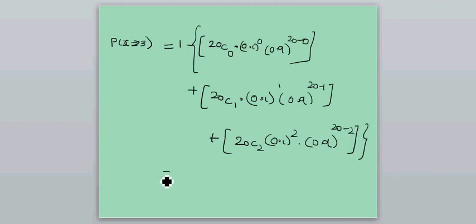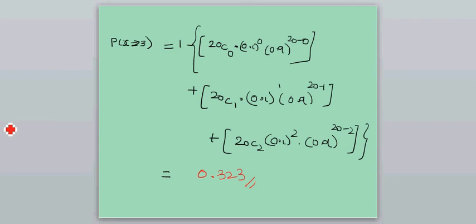Simplify all these terms one by one. When you simplify, after subtracting from 1 all these three components, it comes as 0.323.